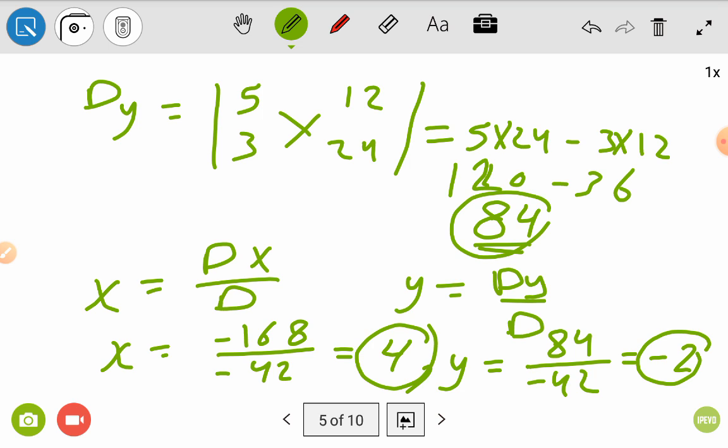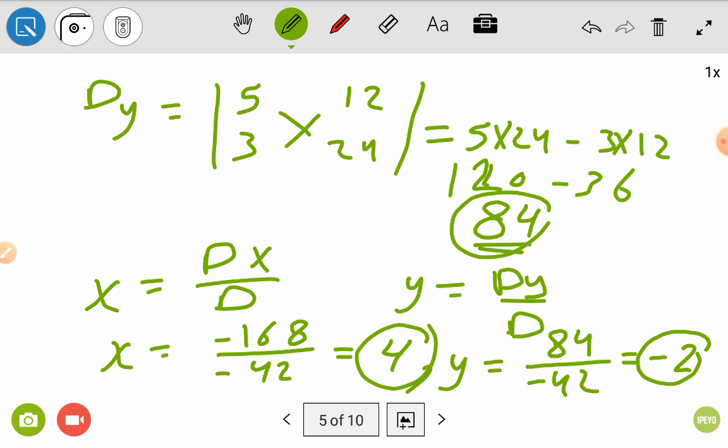I think, my dear students, this is clear for you now how to get the solution set to any linear system consisting of two variables by using Cramer's rule. Cramer's rule depends on 3 steps. The first step, how to evaluate the determinant of the variables x and y.